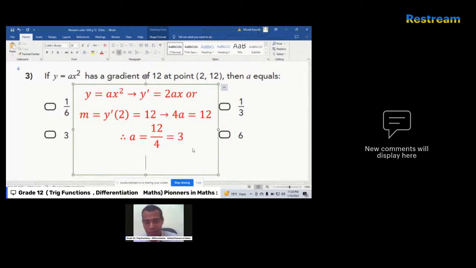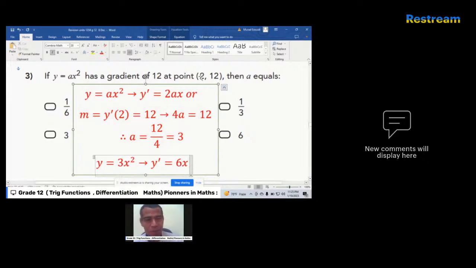If you want to check, learners, now you are going to substitute. Checking. We said that a is 3, so y is 3x squared. If you differentiate y, which is 3x squared, you find y dash: 3 multiplied by 2 is 6, so 6x.